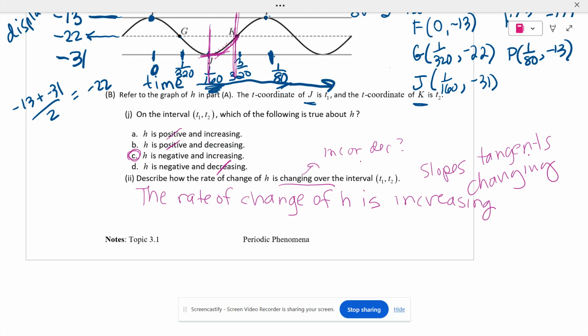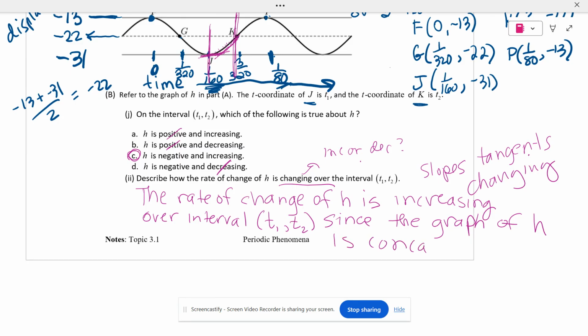because, or since, and you have to say over the interval that was stated, which was T1 to T2, since the graph of H is concave up.